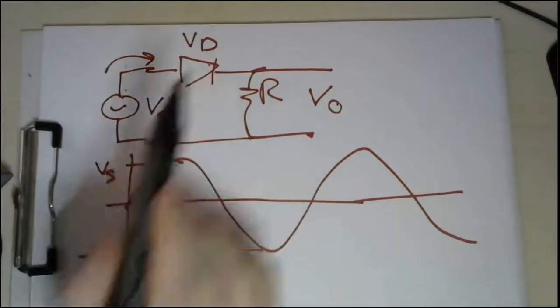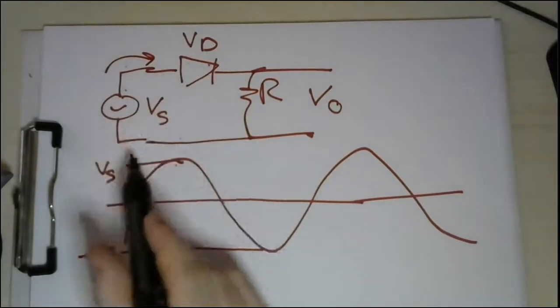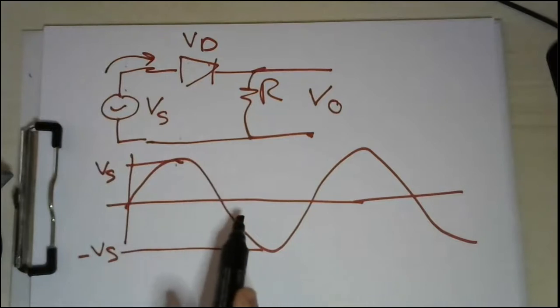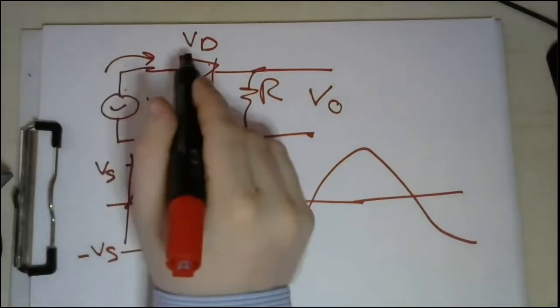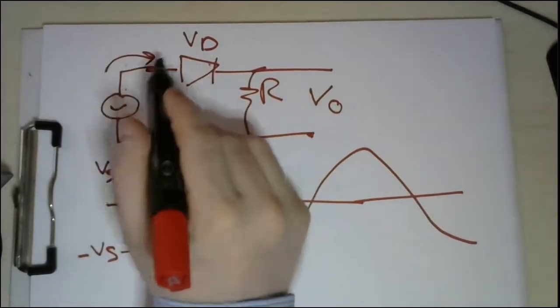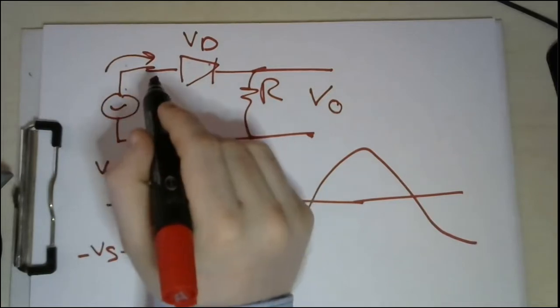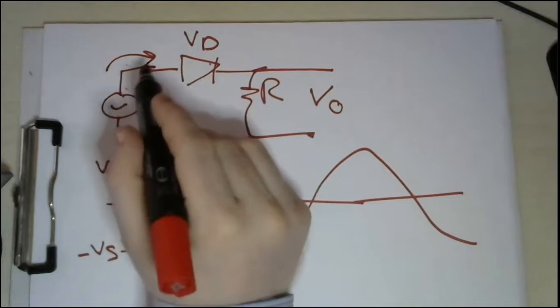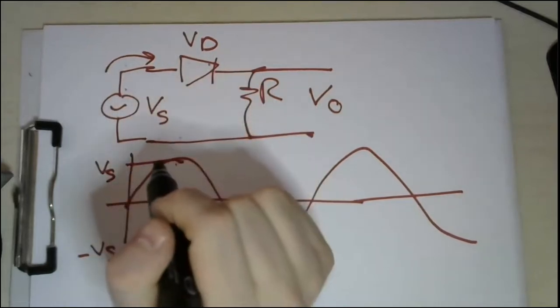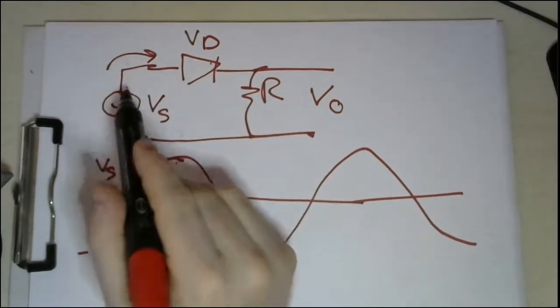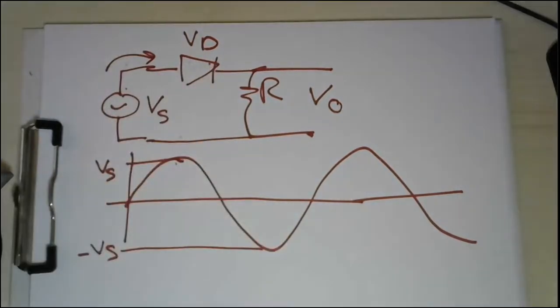Accordingly, in the positive half cycle of this sinusoidal signal, the direction of the current will agree with the direction of the diode. I mean, the anode voltage is higher than the cathode because current flows in this direction. Accordingly, in this half, the diode will be a short circuit.